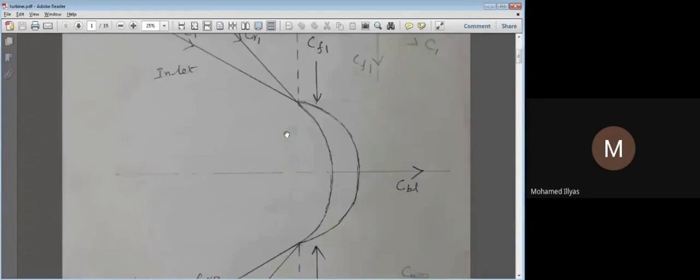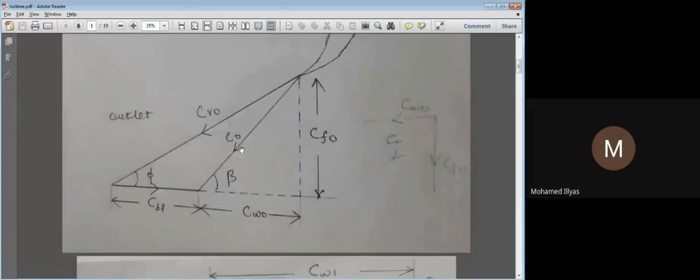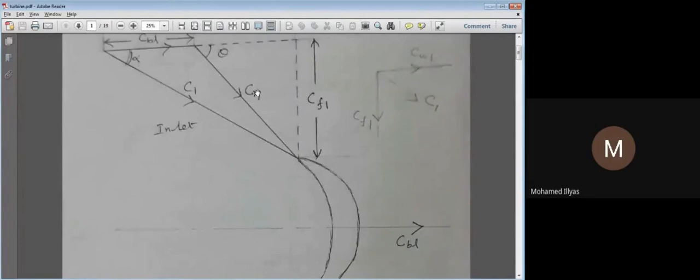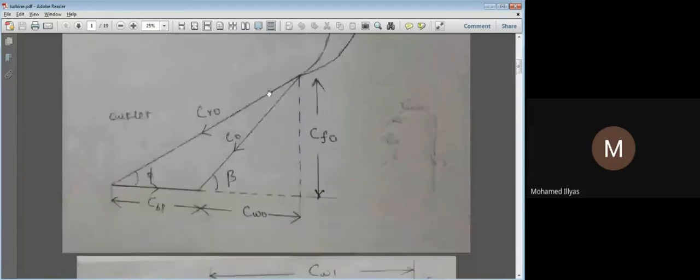Now what would be the resultant at the outlet? When I have C1 and CBL, I have a resultant. Similarly, when I have CO and CBL, there has to be a resultant. How do we get the resultant? By closing these two lines, we get a triangle. That is the resultant of CO and CBL.